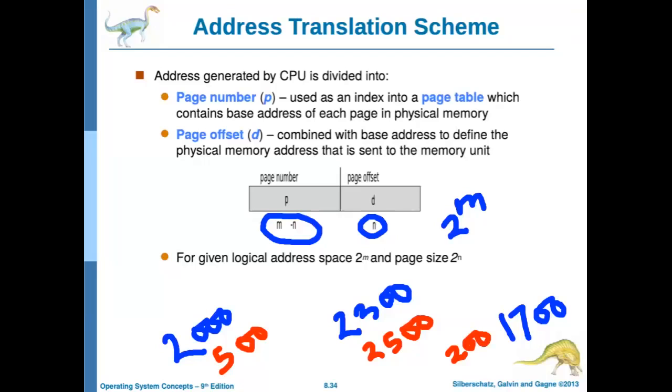Anyways, we'll see that also in the next few slides. For example, if 32 MB is my total memory, and half a KB is the page or frame size, how many frames will there be?